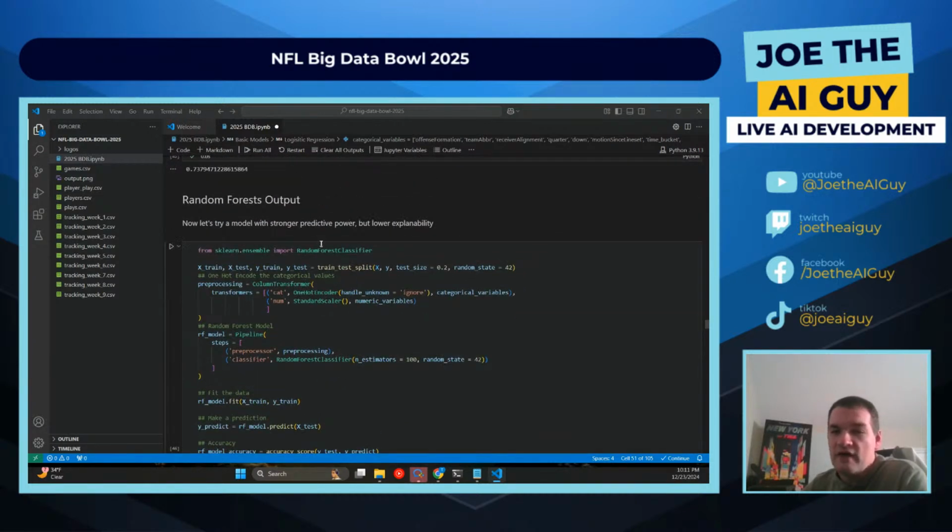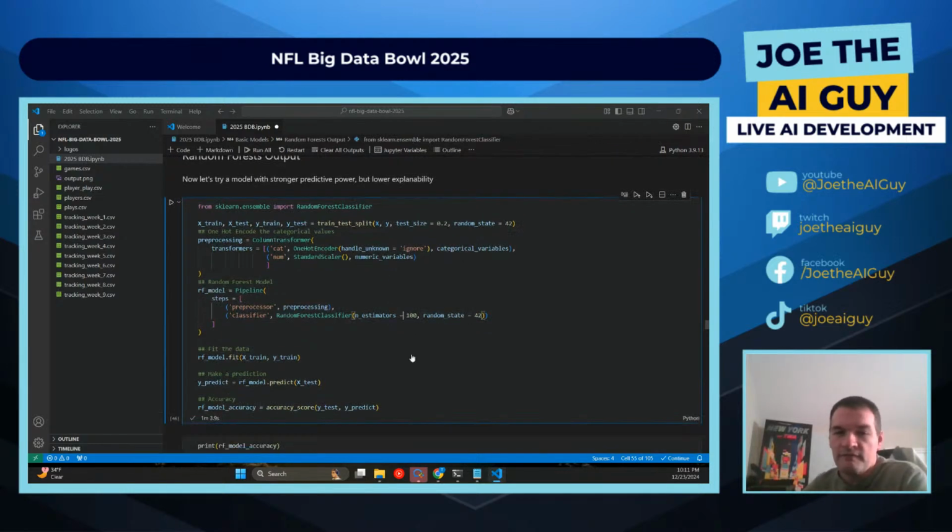And then we started to build out a few more model types just to check to see, is there something we're missing? Maybe there's a model that performs better. So we went with random forest here. This is the one where it's harder to explain what's happening, but should fit data sets much better overall, because it will keep grouping the data until it gets them assigned better based on the number of estimators that you have.